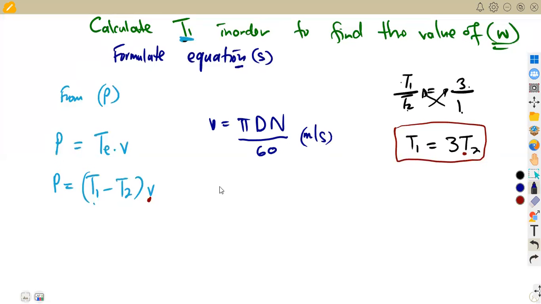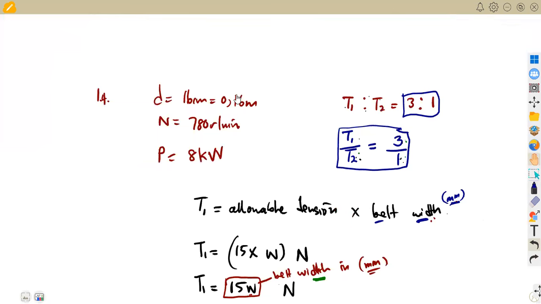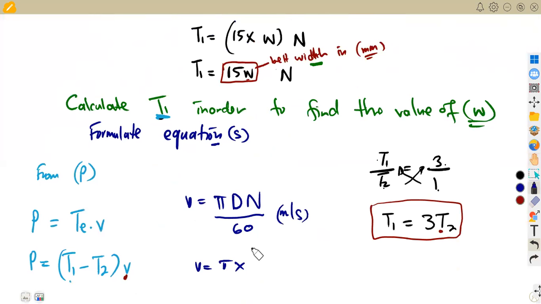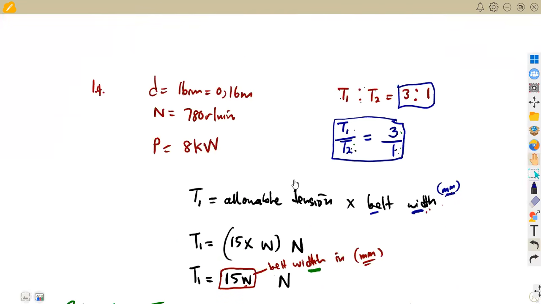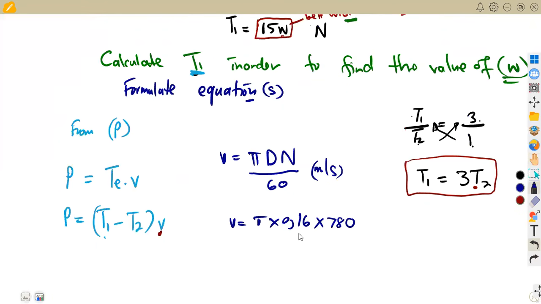So we have everything: pi times the diameter in meters, 0.16, times n, the speed in revs per minute, which is 780, over 60. This is going to give us the velocity, which is 6.535 meters per second.